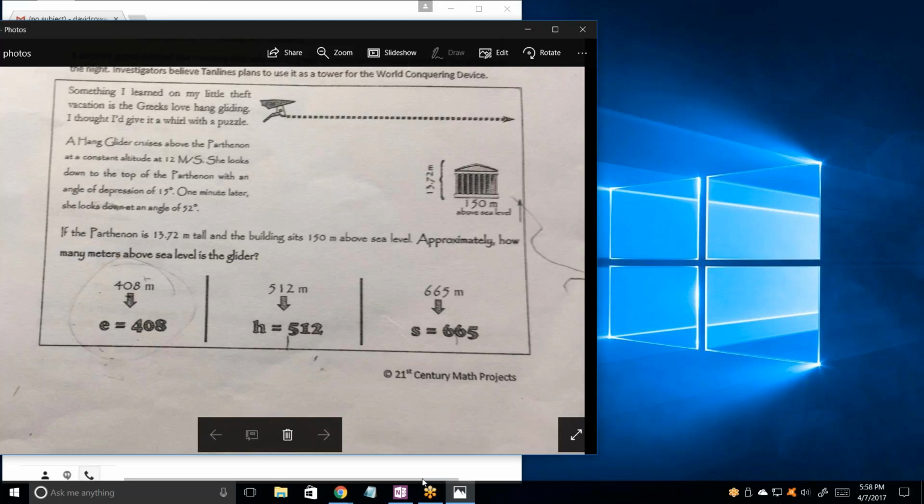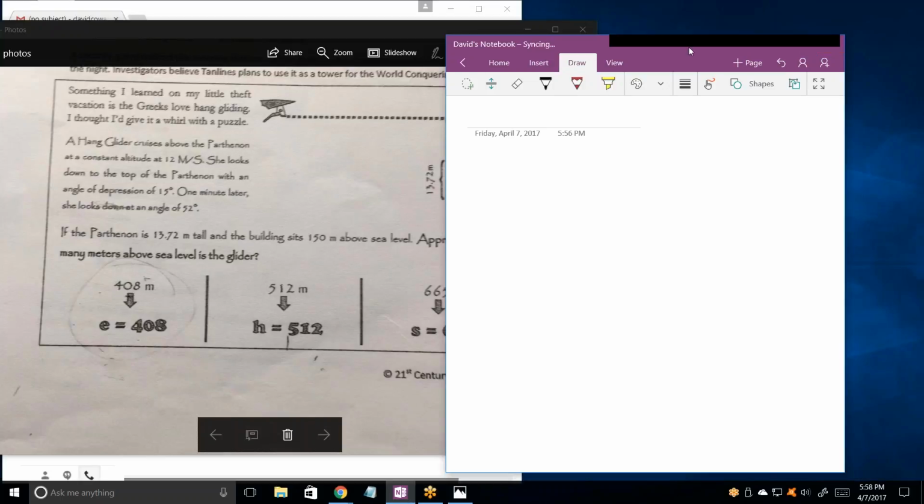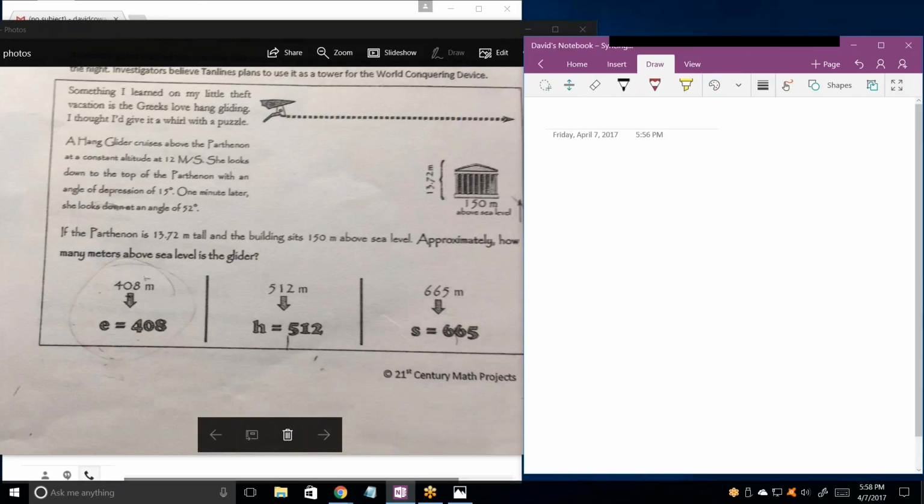So let's see if we can draw a picture. That's the biggest problem with these problems, figuring out how to translate their paragraph into the picture.